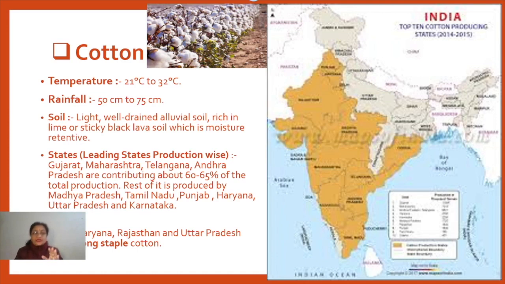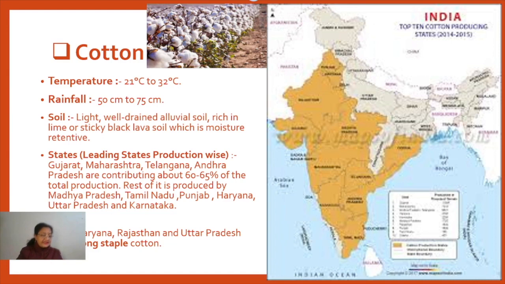Besides this, if you check the other types of soils we have in India, out of all those soils, cotton grows very well in the black soil, even as compared to the alluvial soil. It is called black cotton soil, or black lava soil, because it is the most suited soil in India for cotton. It has an important nature, that it is moisture retentive, which is good for this crop.